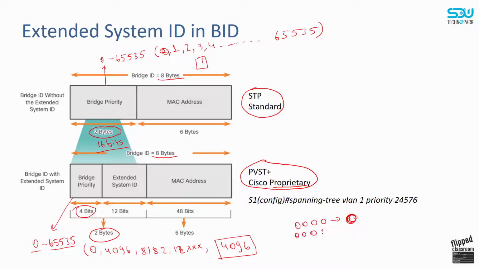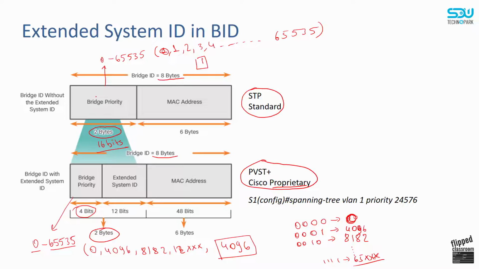The second combination defines the value 4096. The next value defines 8192, and so on. The last value will define 61440 or so. That is why we are able to use the same range of the bridge priority configuration, but this range just has fewer combinations.